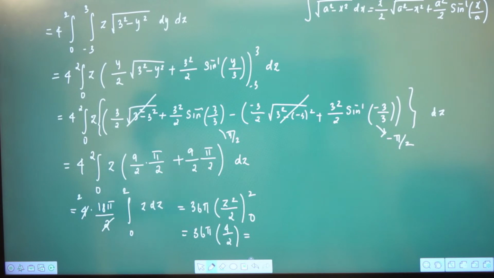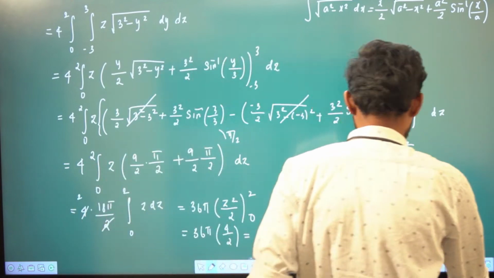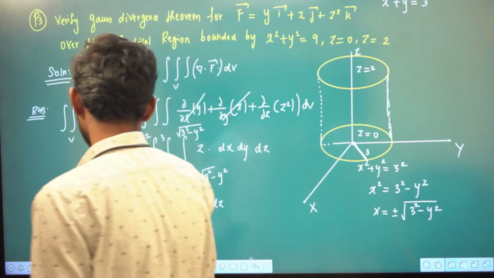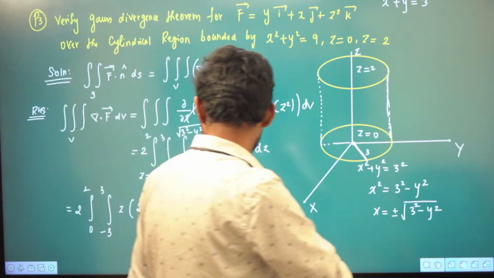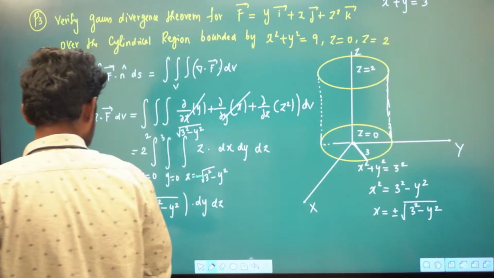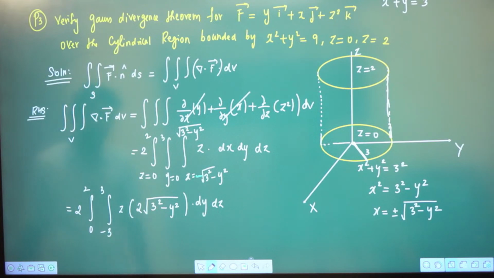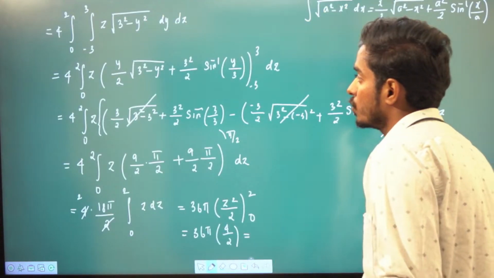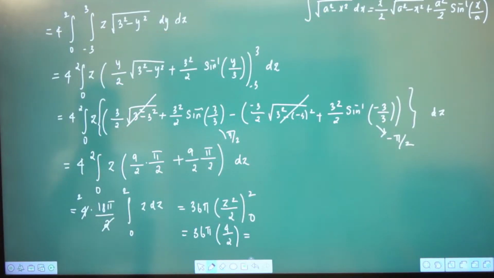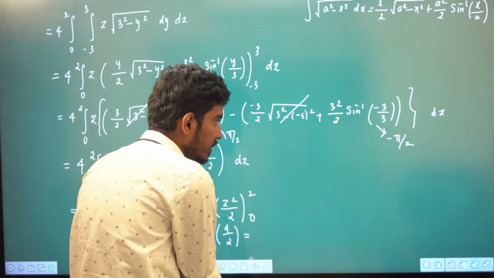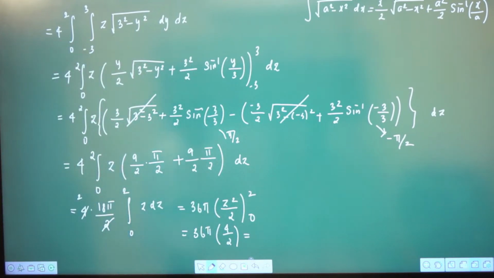Is there any mistake I have made? Minus 3 to 3. Okay, actually it is 2, right? Why have I written 4? Sorry. No, I've taken this 2 outside, right? Just a minute. I think we are getting 72 pi, right? Is it clear?